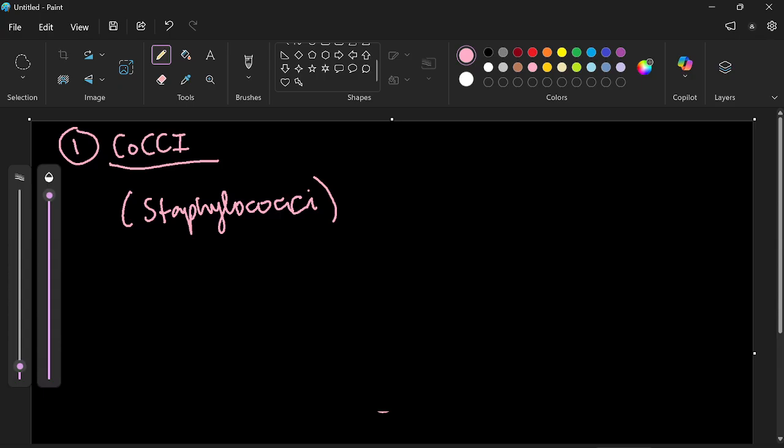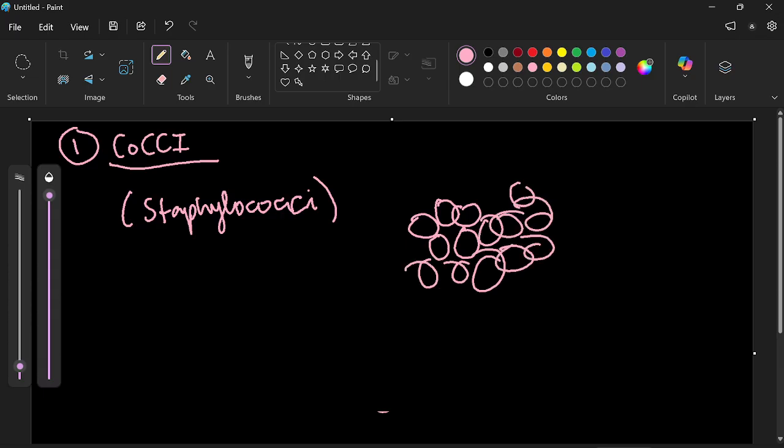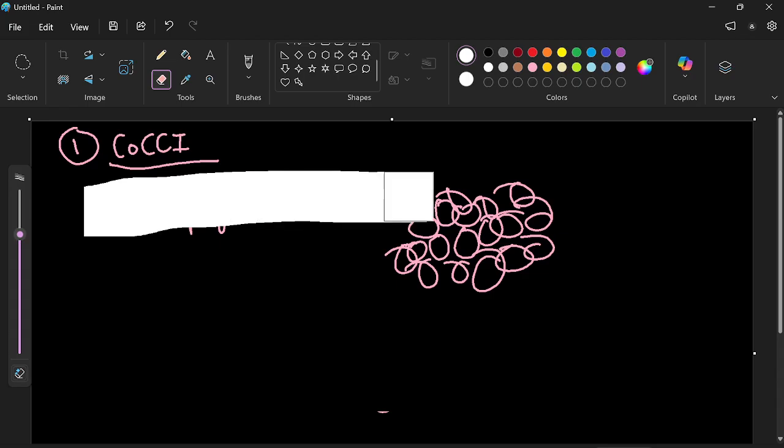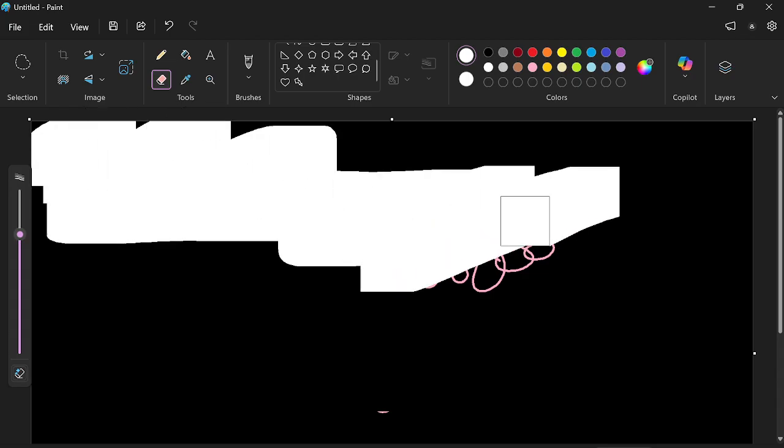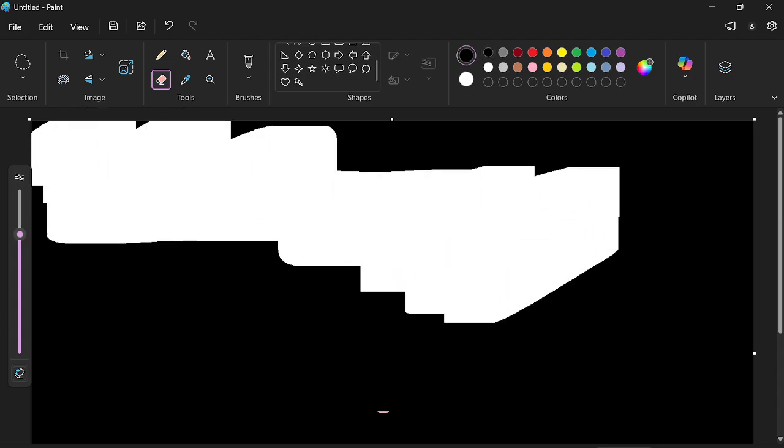They occur in the form of grape-like clusters or broadsheets. So they can look like they are scattered all over. There can be many. This is basically Staphylococci. And many bacteria occur in this form of arrangement. So these were the arrangements possible for the cocci.